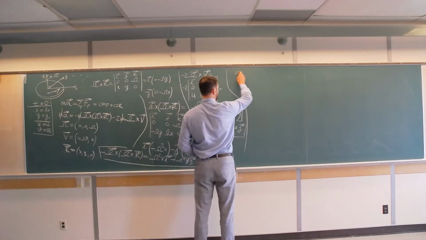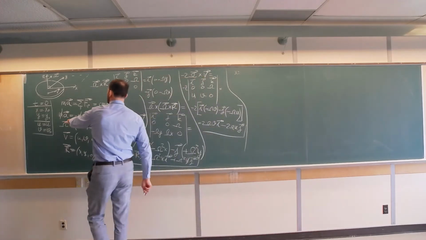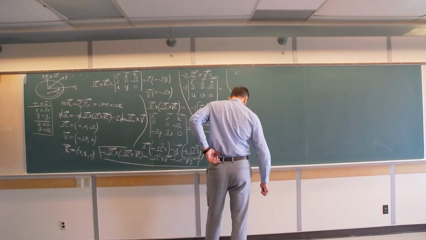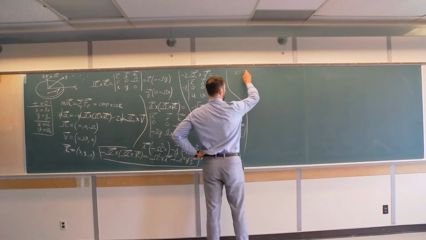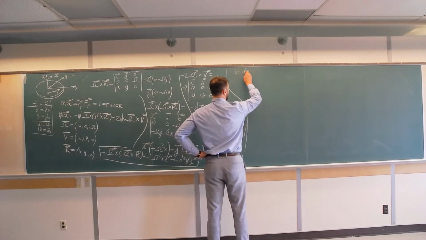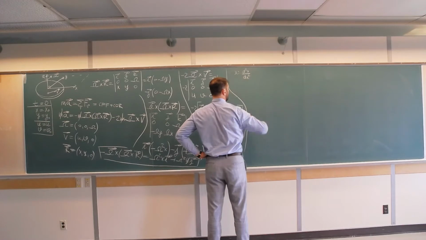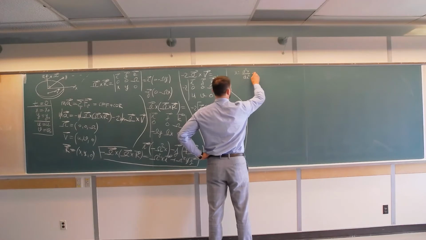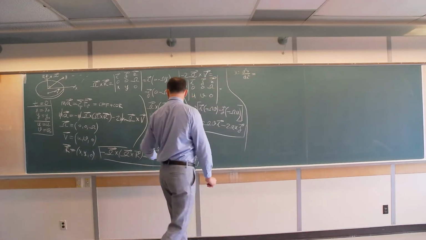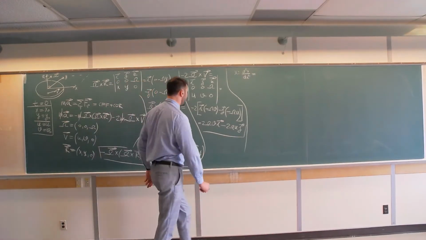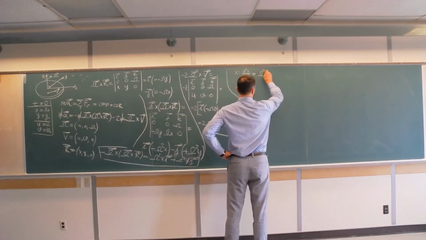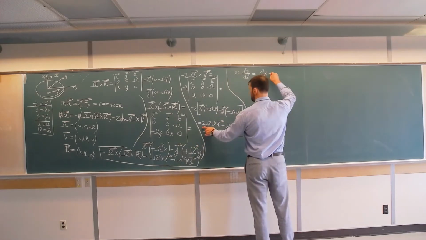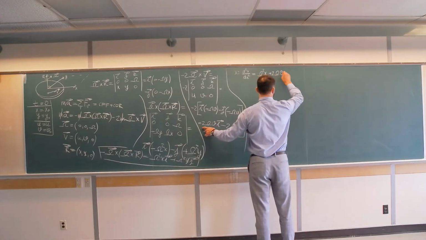So in the x direction, we have acceleration in the x direction, but I will write that as the second derivative of the displacement. So d second x dt squared is equal. Centrifugal force in the x direction is omega squared x, and Coriolis force in the x direction is plus 2 omega v.